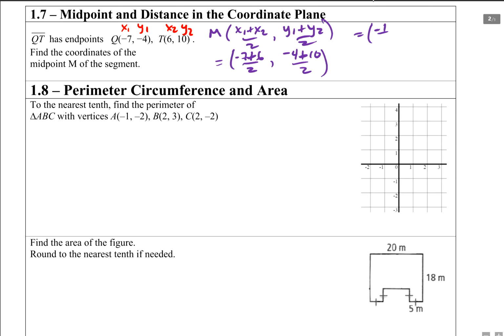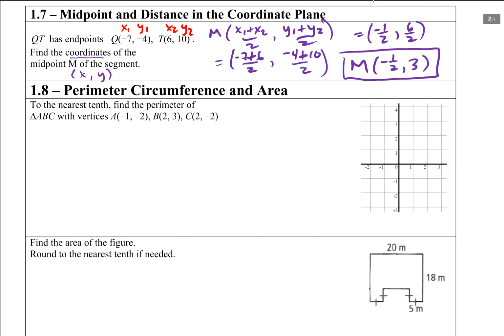So this is negative 1 over 2 and 6 over 2. So M, our midpoint, is at negative 1/2, 3. And anytime you see the word coordinate, you know you are looking for an XY point. All right.